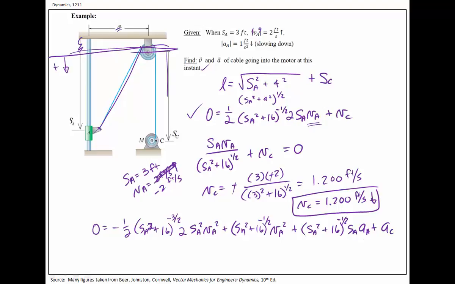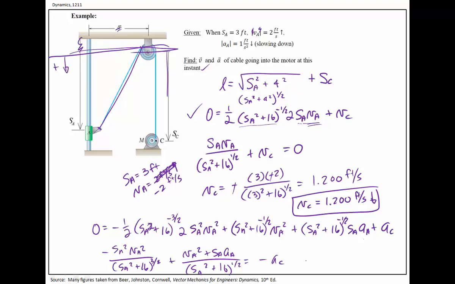We need to do this individually. So we need to take SA, so we do it in parts. We have to take the derivative of each one. That's why we've separated it out. Just look at it carefully, and you'll see that it's valid. VA squared divided by SA squared plus 16 raised to the 3/2, plus VA squared plus SA AA over SA squared plus 16 to the 1/2 equals -AC.